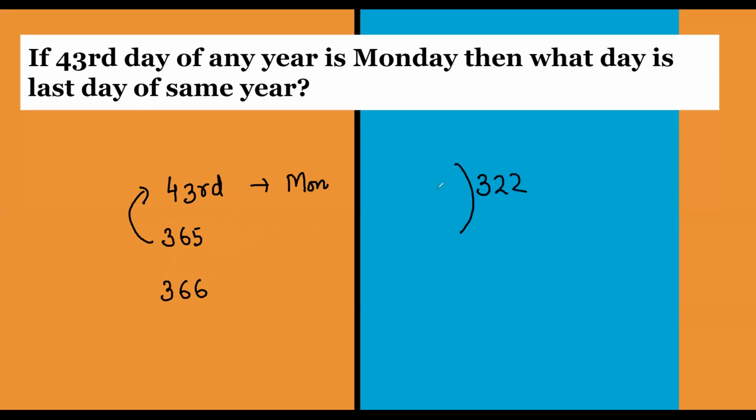So divide by 7. 28, 42. So if it is a non-leap year, it will fall on Monday only because the remainder is 0. But if it is a leap year, then it will fall on Tuesday. So according to the option, you can answer, right?